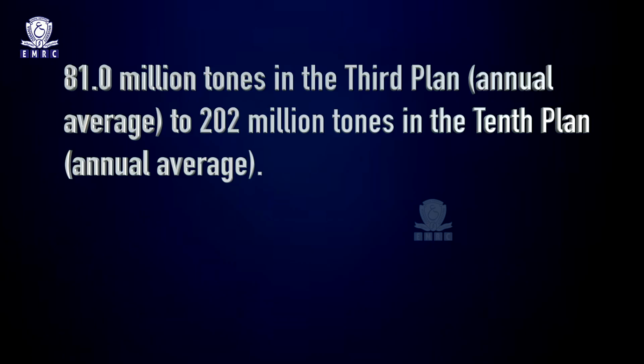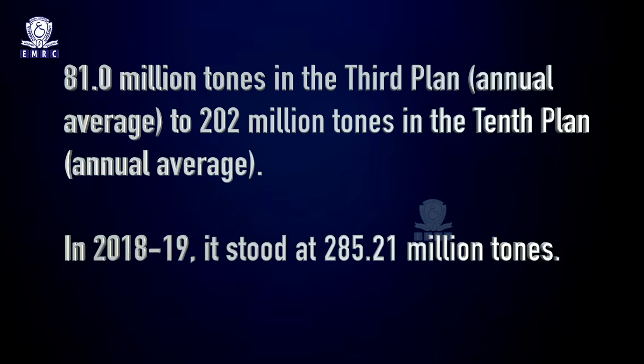As a result of the new agricultural strategy, food grains output increased substantially from 81.0 million tons in the third plan to 202 million tons in the 10th plan. In 2018-19, it stood at 285.21 million tons.